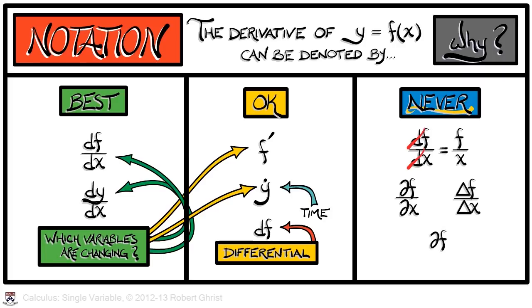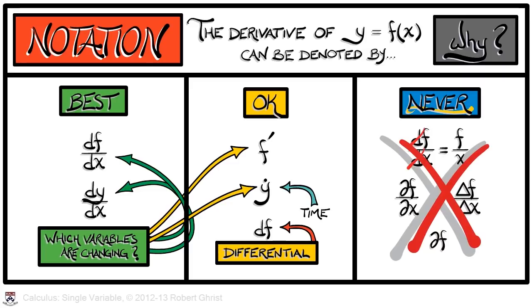Whew, no way. Don't get creative with your handwriting on these. Don't use a scripty cursive D. Don't use a Greek delta. Don't do anything like that, because those symbols have meanings of which you have not yet learned. Don't ever do any of this. Stick to the standard notation, please.